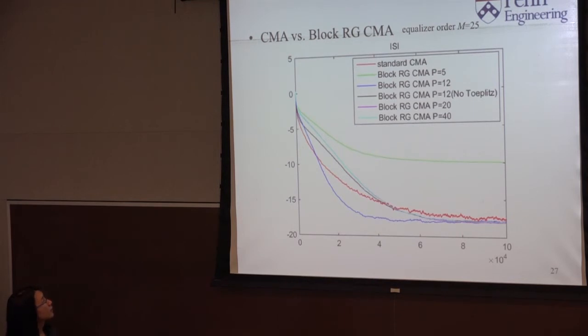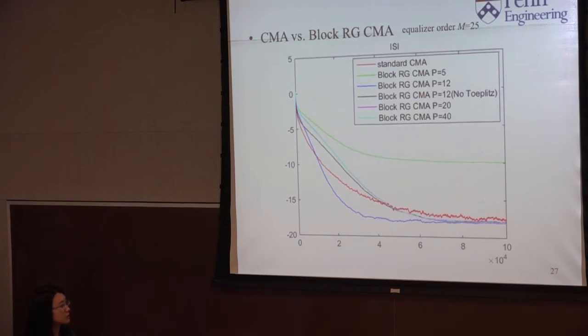Here is an example of the standard CMA and our block relative gradient version of CMA. We could see that the red curve is the standard CMA, and the performance of our algorithm depends on the value of P. Here, the equalizer order is M equals 25. If we take P approximately half of that, the performance is really good.